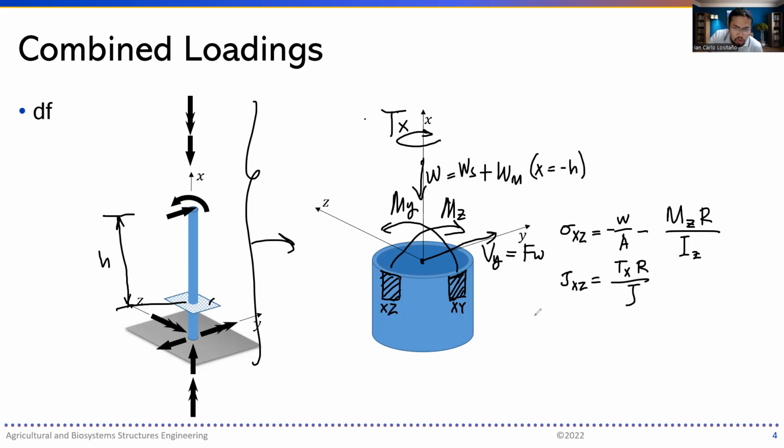Next is the XY. Take note of the difference in the equation. We still have the W, a negative one going down, over the area, but we have a plus.